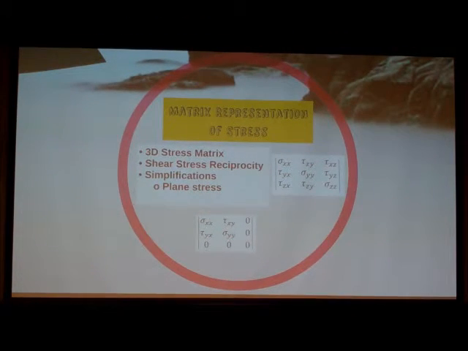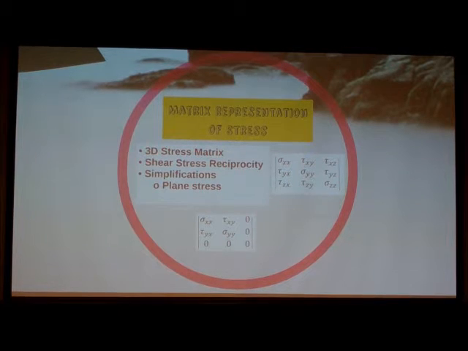So now we look at the matrix representation of stresses. If we have an object and we want to see what kind of stresses are acting on it in all three dimensions, so all 3 axes, we can put it into matrix form here. In this 3D stress matrix, we need to line up the normal stresses along the diagonal.